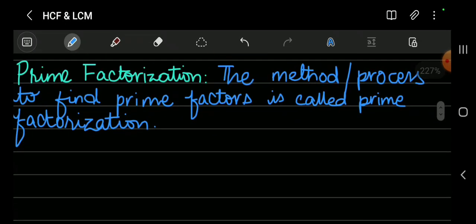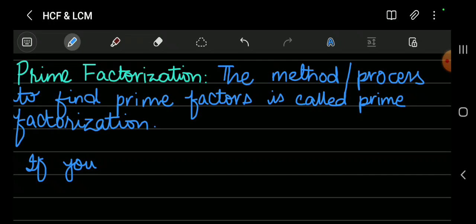If you continue to factorize a number until you get only prime numbers, this is called prime factorization.